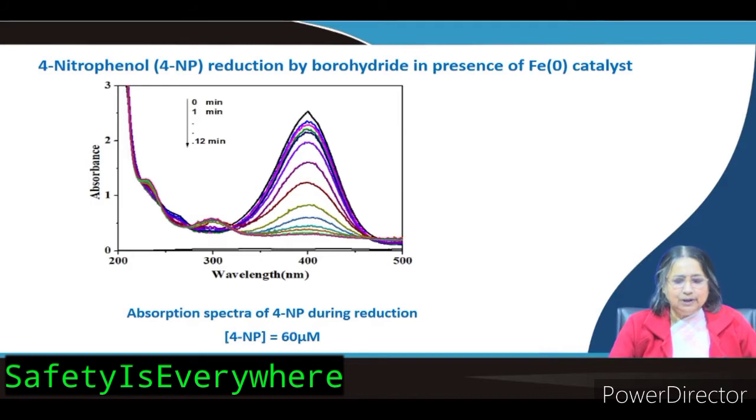So, what we are doing: we have started the reaction, we are measuring the absorption spectra, and we are noting down the absorbance values of the nitrophenolate ion at this wavelength at different times.